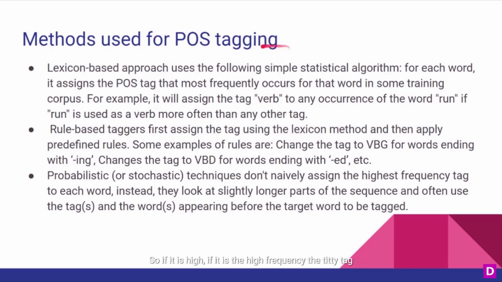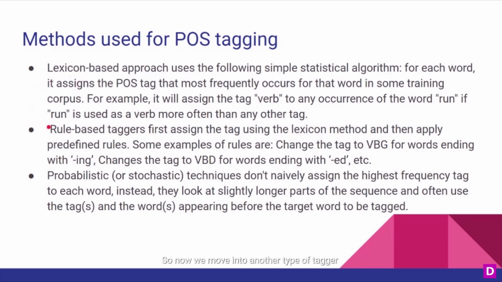If it is a high frequency that it is tagged as pronoun, it will directly tag the given word at any instance with that same tag. So it is a very feasible approach, and a very fast approach in terms of time when it comes to POS tagging.